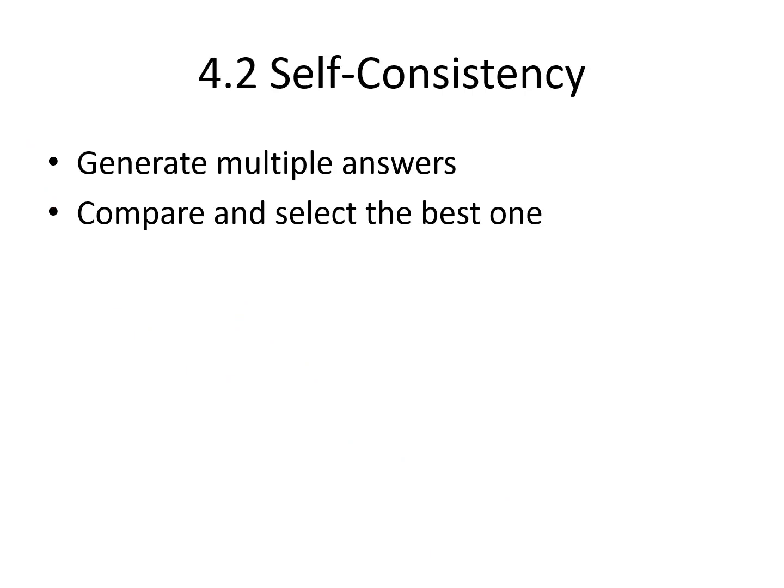Now our second technique is self consistency. Self consistency prompting is focused on accuracy. Here the model generates multiple answers to the same question. The answers are then compared and the most consistent or logical one is selected.